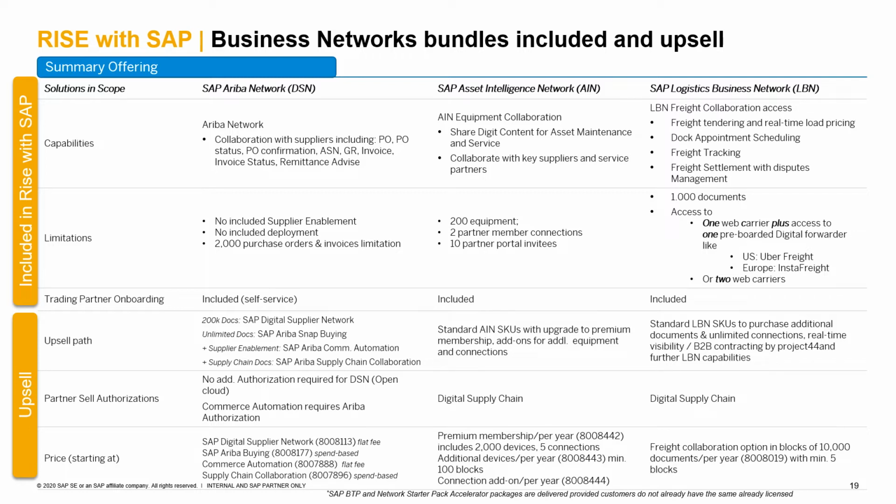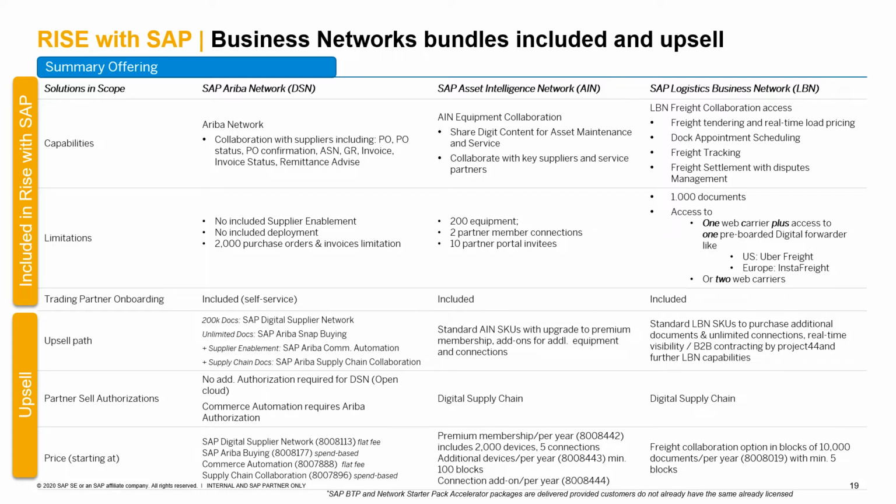On the top half, we see what's included. The solutions and scope included are the SAP Ariba Network, the SAP Asset Intelligence Network, and the SAP Logistics Business Network. In terms of capabilities, you can see the items that are listed here under the Ariba Network and what's included and what's not included.